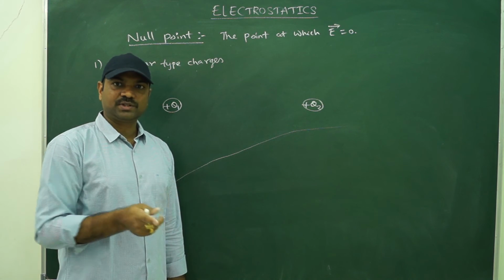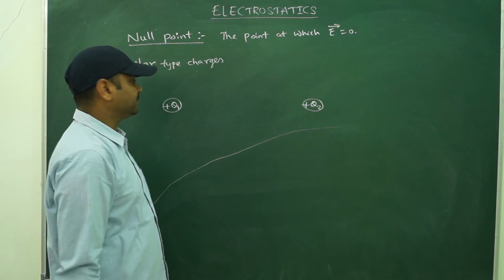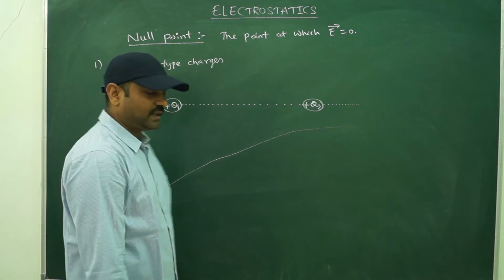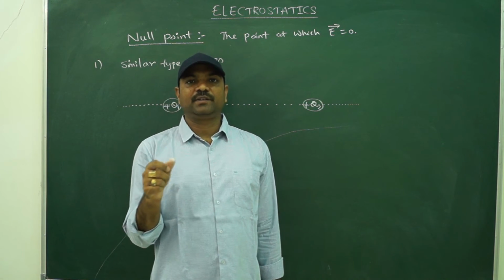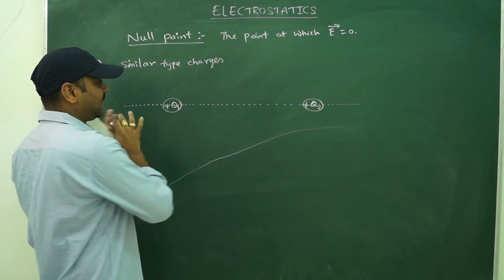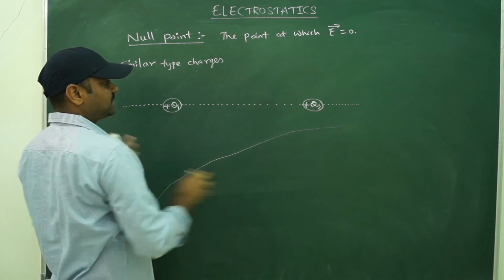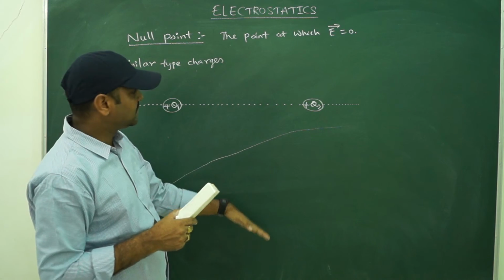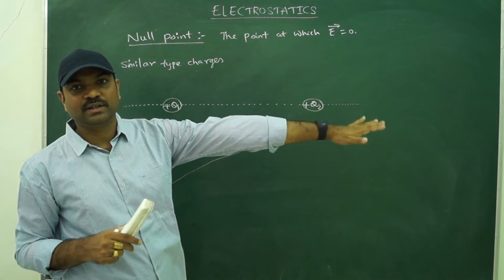You can take either positive or negative. Now this is the line joining. Now I want to find out where the net electric field due to these two charges is zero. First of all, I am dividing the entire space into three parts: one is above the charges, another is below the charges, and the third is on the line joining the charges.